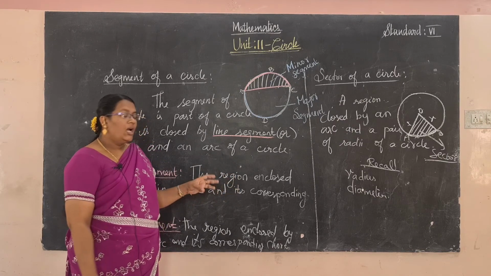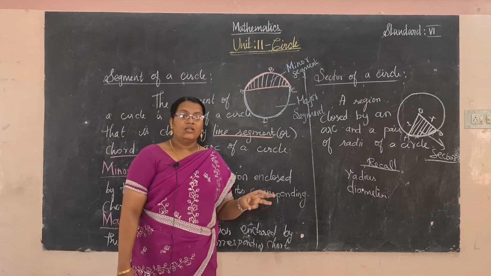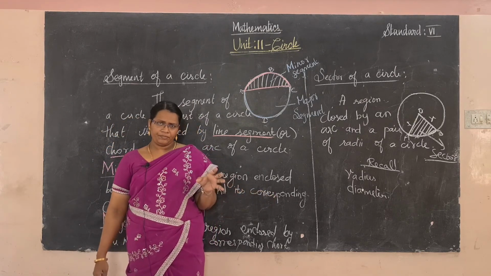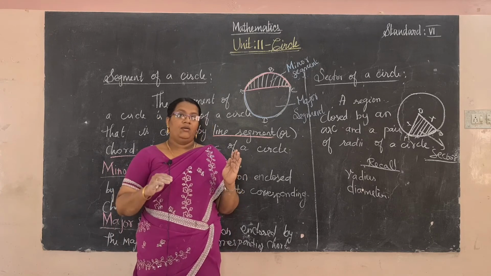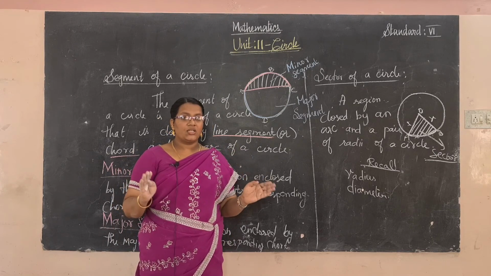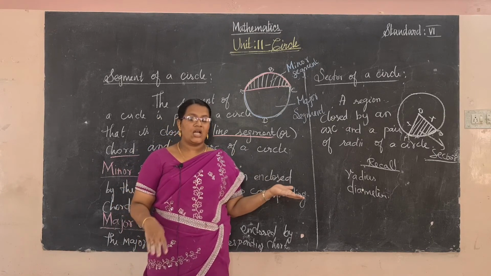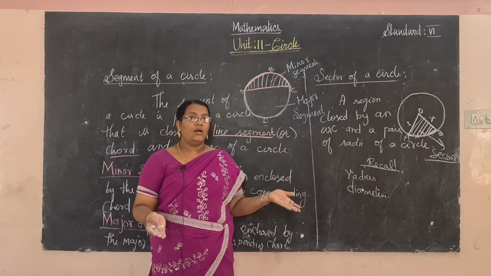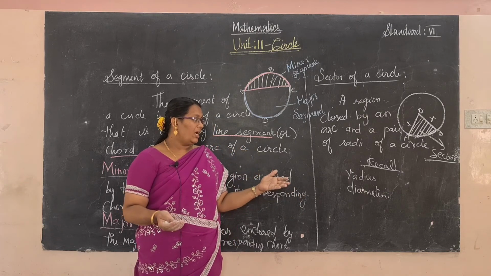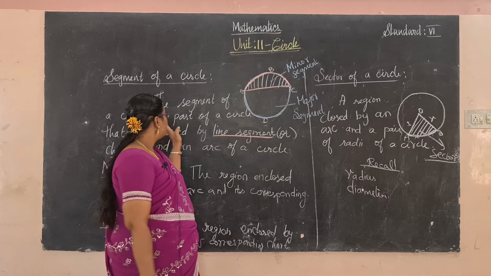After that we learned the arc of the circle. A part of the circle is called an arc of the circle. It has two types: major arc and minor arc.